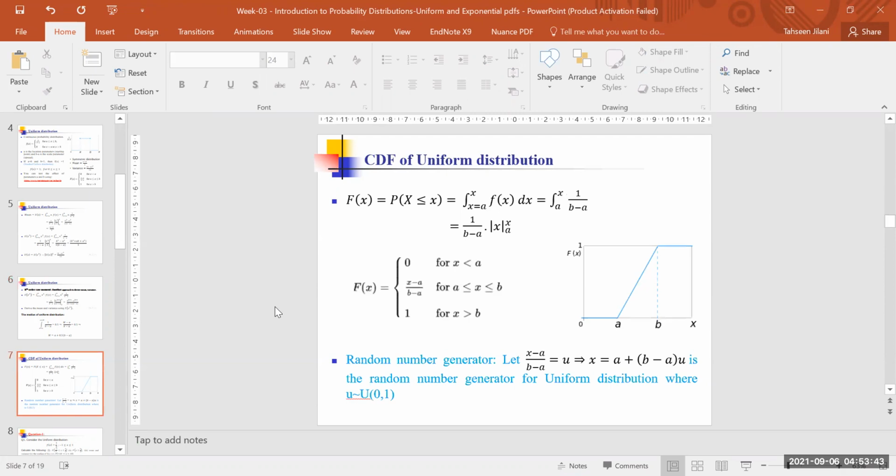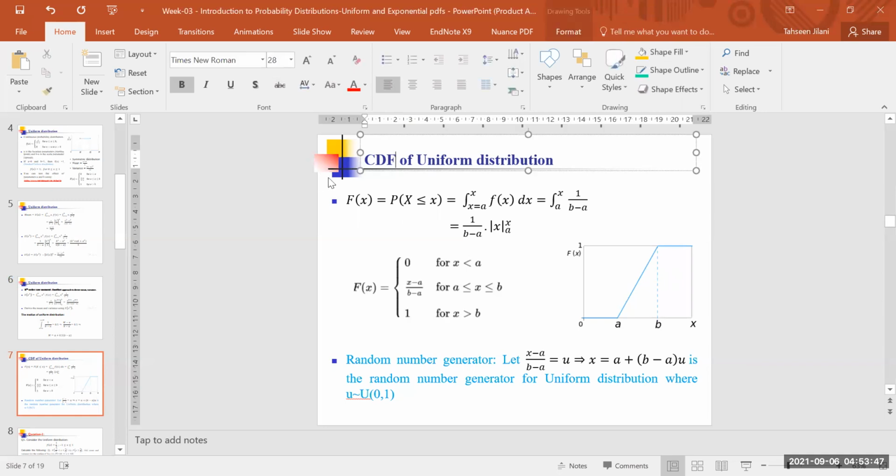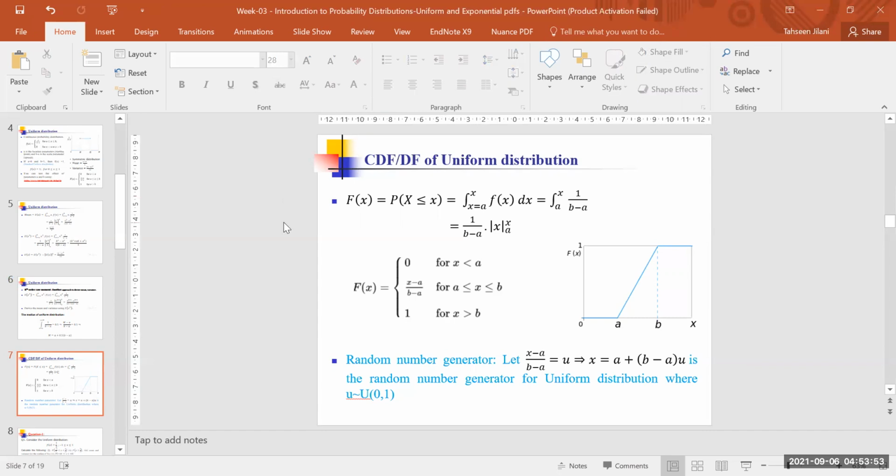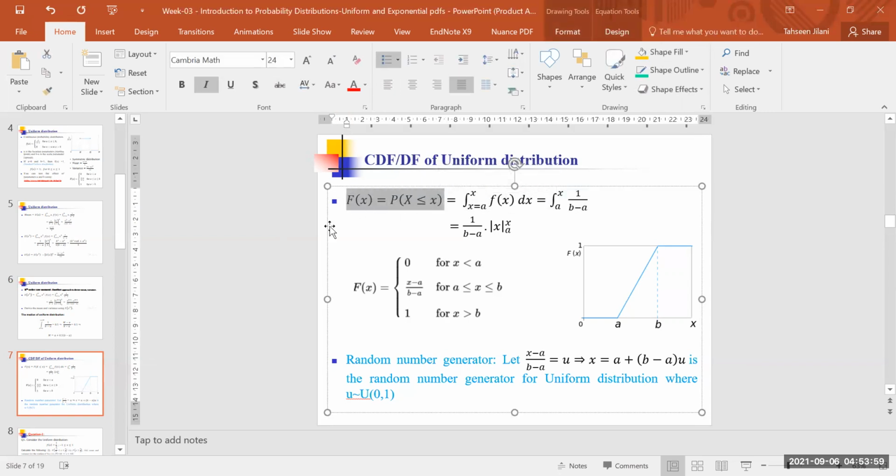Okay. Cumulative density function or distribution function. We have seen what the cumulative density function or cumulative distribution function is. It is a cumulative probability.